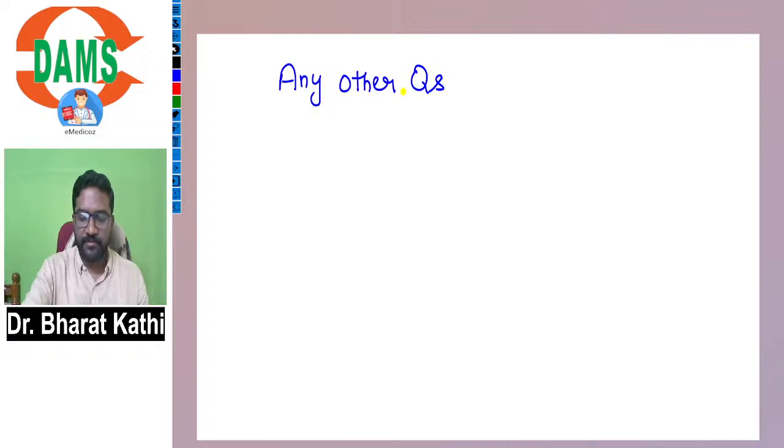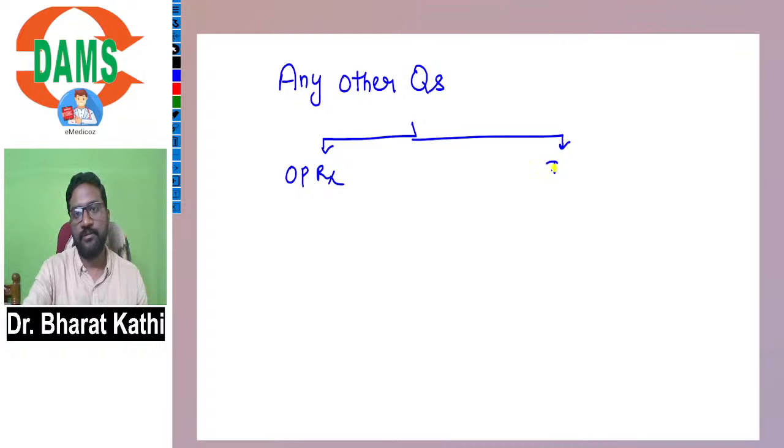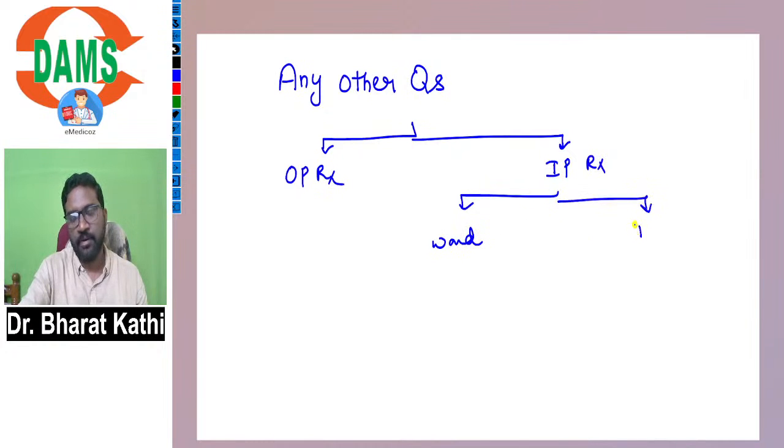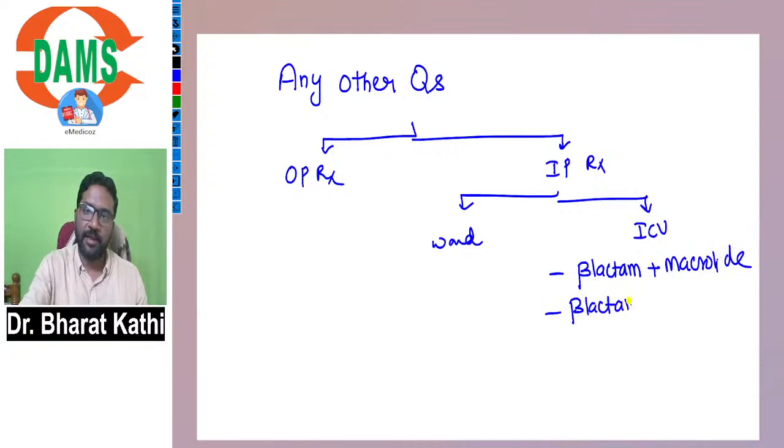So the CURB score was 3. See, the treatment is like this, students. OP treatment and IP treatment. Generally 3 means it can be ward or ICU. If the patient is sick, here the most important treatment is beta-lactam plus macrolide. The second option is beta-lactam plus fluoroquinolone.